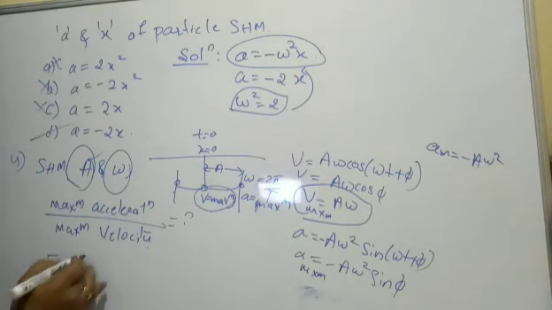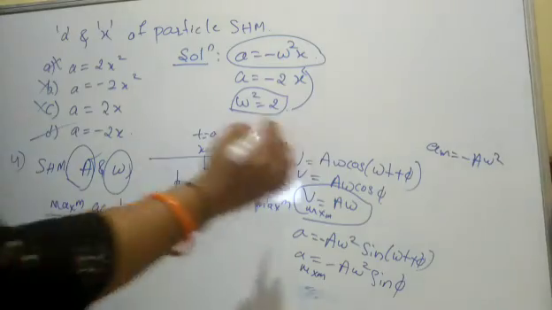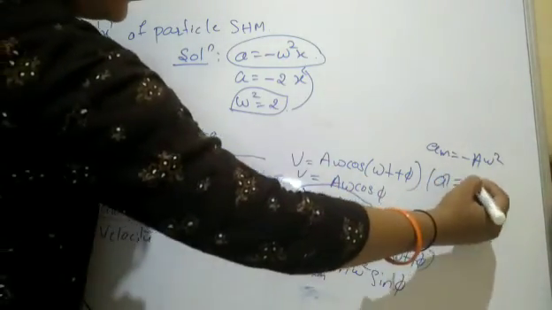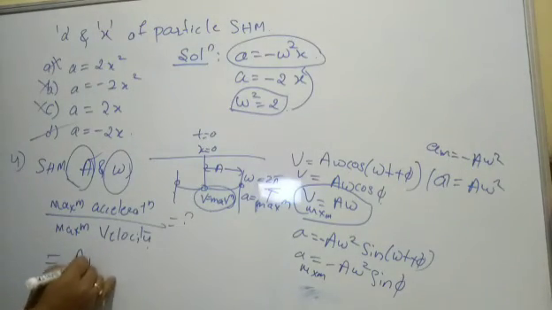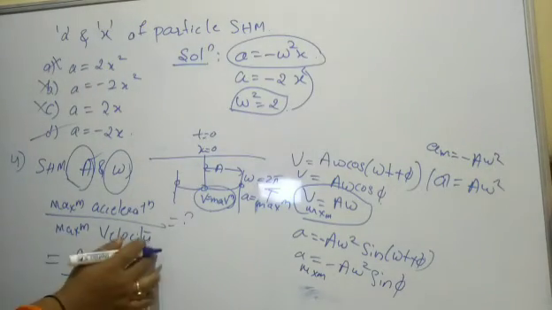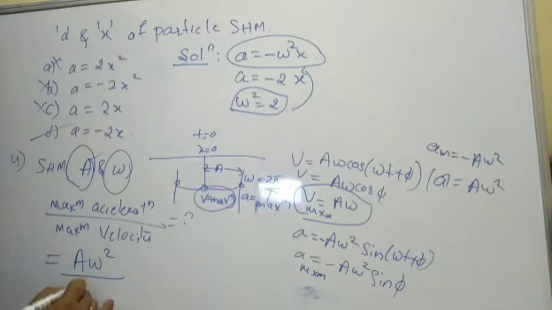What we got here is minus a omega square, but the modulus of this we can take as a omega square. Maximum acceleration is a omega square, maximum velocity is a omega here. So a cancels, omega cancels, remaining omega.